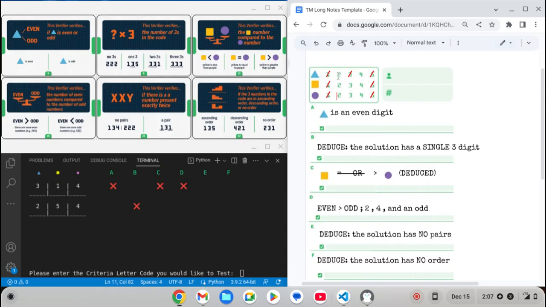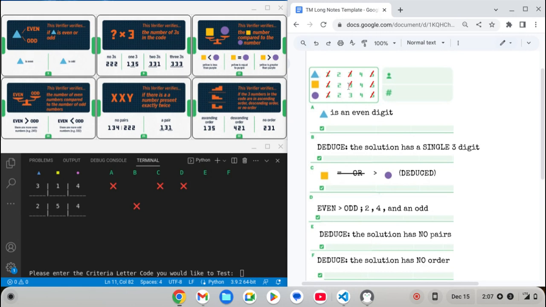Is that right? If square is 3, yeah, it forces you to pick that diagonal. So I don't think that middle digit square is going to be our 3.